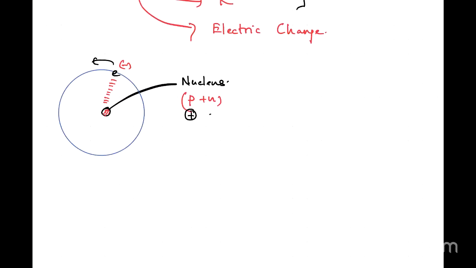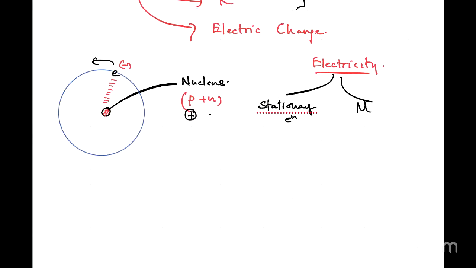As we mentioned in the previous cases, if you need to have some sort of electric current, then we need to have movable electrons. When it comes to electricity, you need to know the difference between two terms. Electricity can be because of stationary electrons, or because of moving electrons.